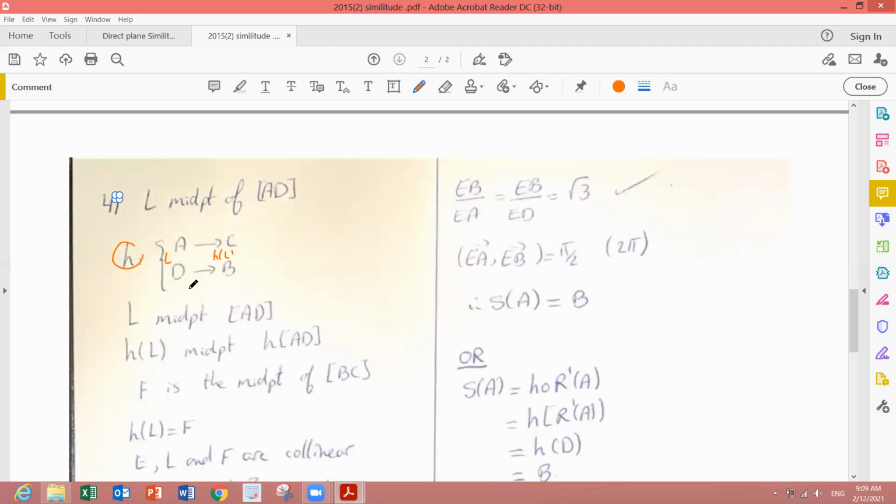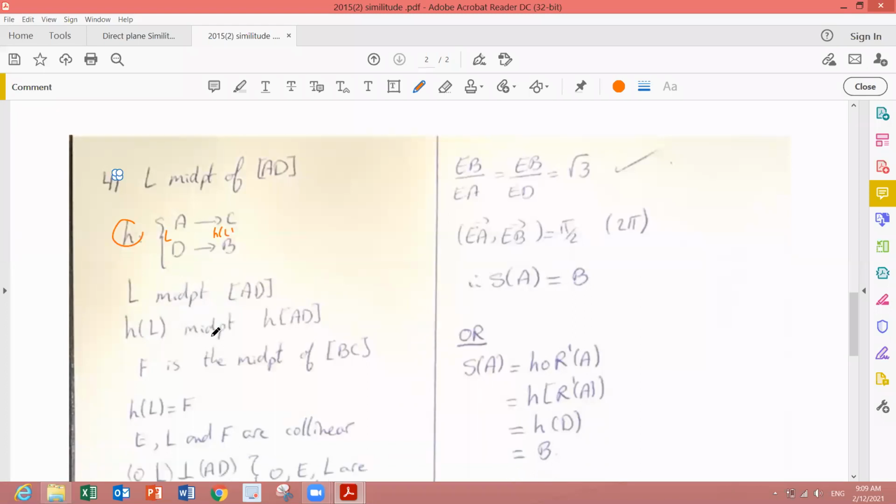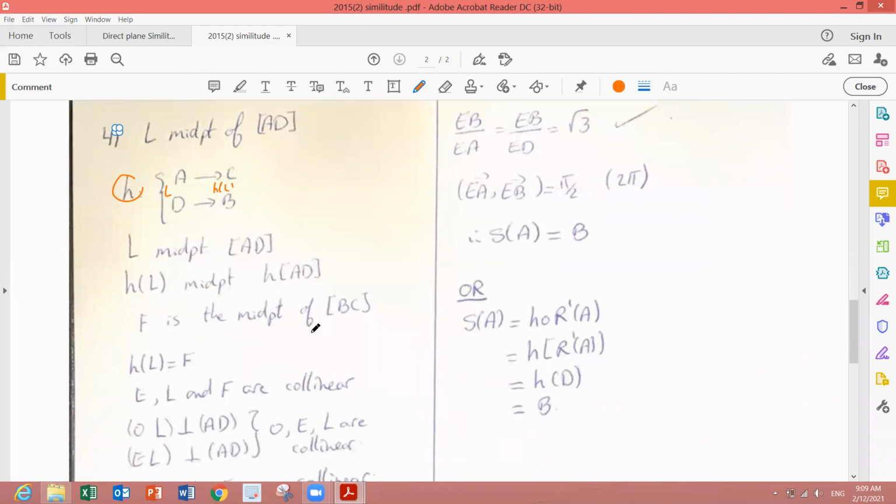So L is the midpoint of AD, so H of L is the midpoint of H of AD. So F is the midpoint of BC. H of L equals F. Did you see where F is, Haikaz?